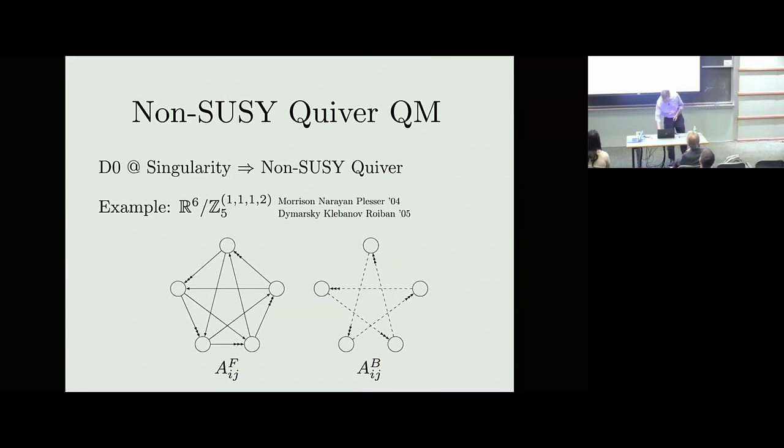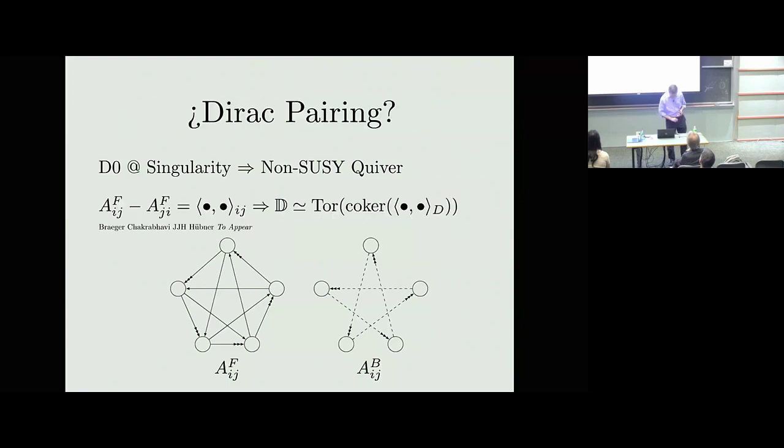All right, so here's the Dirac pairing. We have a D0 brane at a singularity, and it turns out that the Dirac pairing is just captured by the fermionic adjacency matrix. We can actually just go through the quiver quantum mechanics to double check this. You ask, what is the response of winding one of these things around the other?